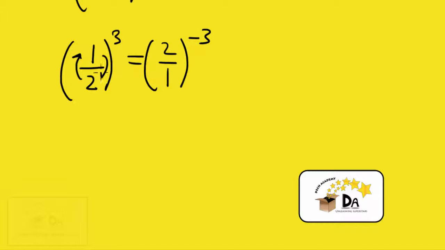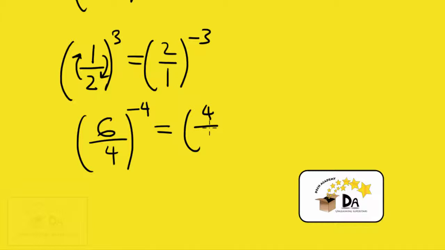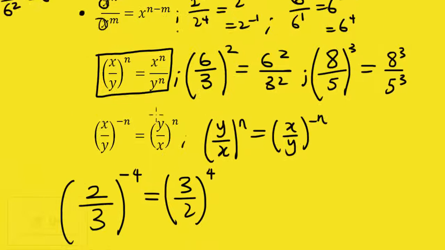So you just take the reciprocal, 2 over 1 to the power of negative 3. 6 over 4 to the power of minus 4 is the same thing as 4 over 6 to the power of 4. Because I just multiplied the power by a minus 1 or minus sign whenever I take the reciprocal of the fraction that is raised to a certain power. So this law is also easy.